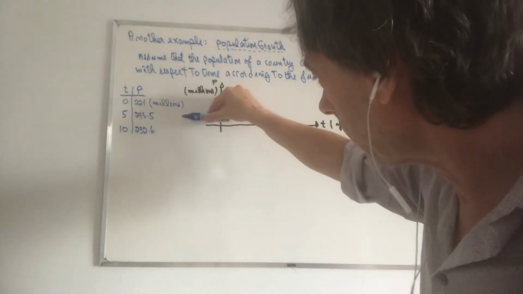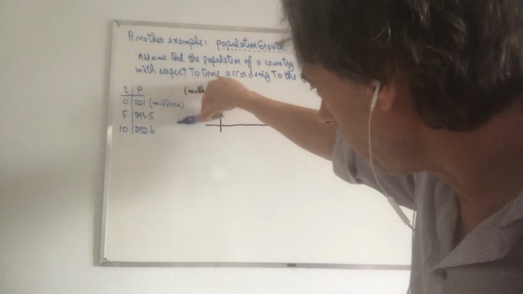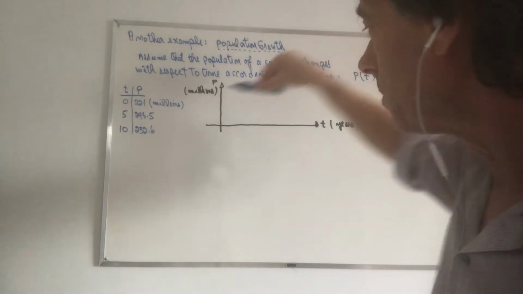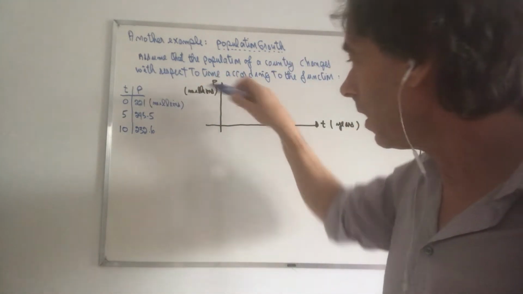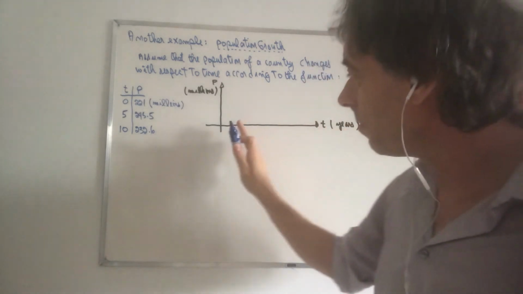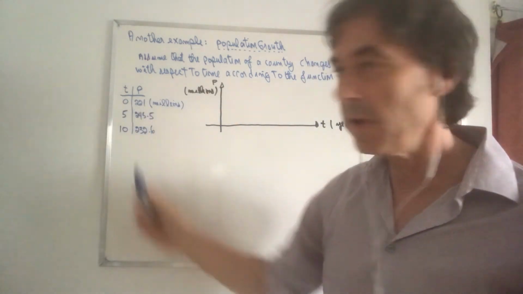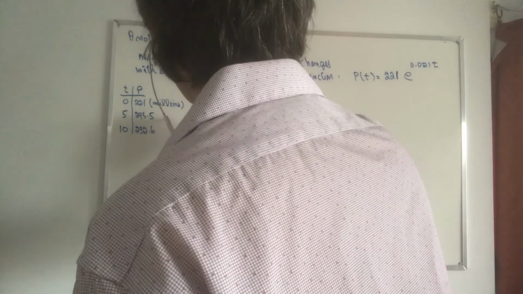The graph of an exponential starts very far this way, goes up, goes up, goes up like this, and the x-axis is a horizontal asymptote because the limit as t goes to negative infinity is 0. So it's going to give us something like this.